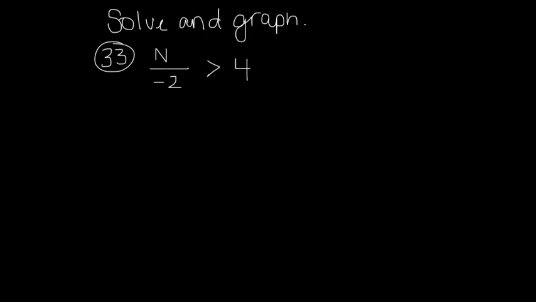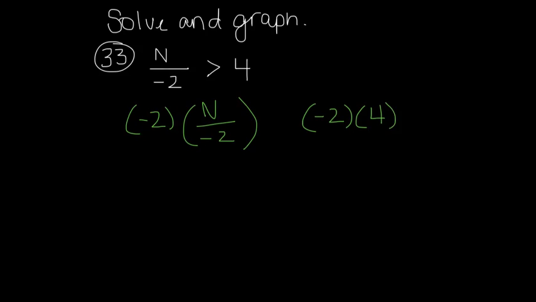In this particular problem, the only reason that the variable is not by itself is because of the divided by -2. To get rid of a divided by -2, I will multiply by -2. So that's n over -2. And then I have to do the same thing to the right as I did to the left, so that's -2 times 4.